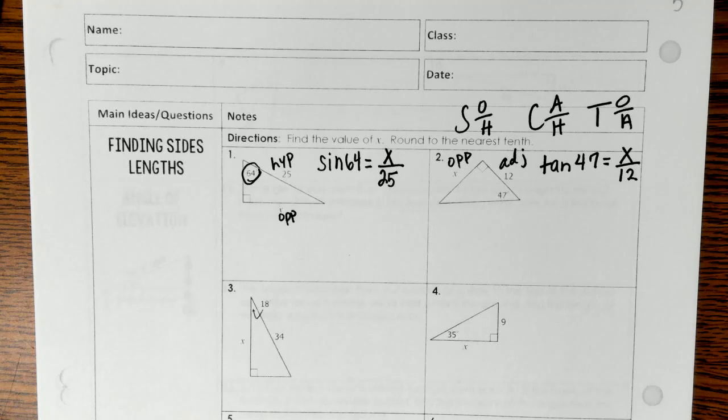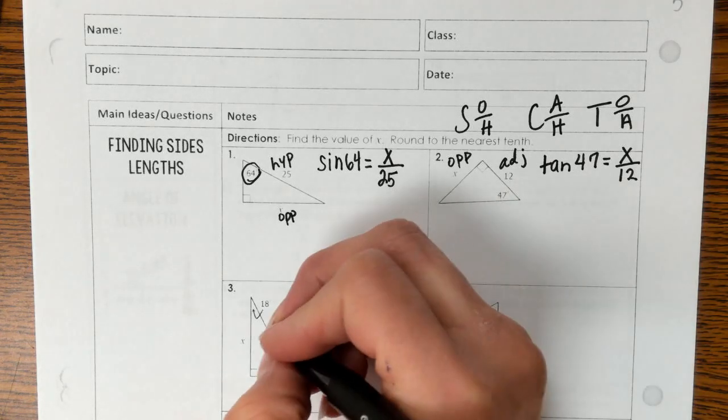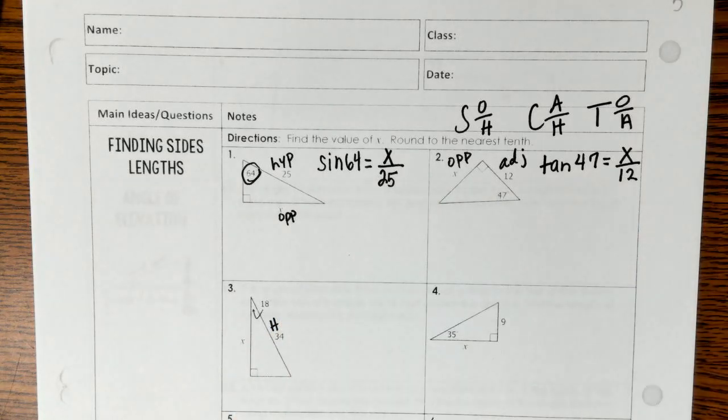Now, let's do number 3. Can you set this one up? Okay, what is the 34? It's our hypotenuse. Okay, what is the X? It's our adjacent. So what uses A and H? Cosine. So how would we write this one?